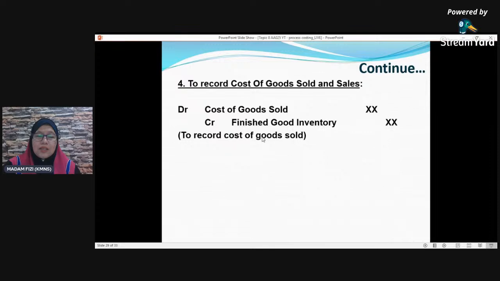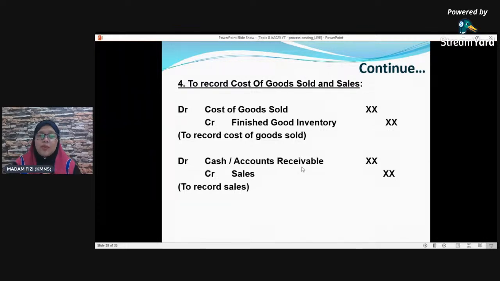And then another one is to record the sales: debit cash if we sell in cash, or debit accounts receivable if we sold our product on credit, and credit sales. Sales here is the price after we markup. Cost of goods sold is at the cost price.